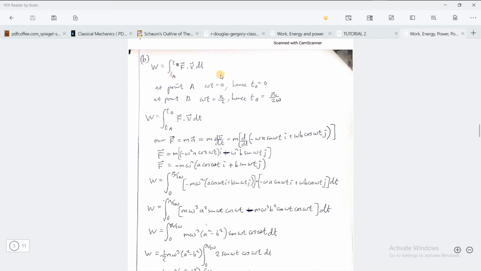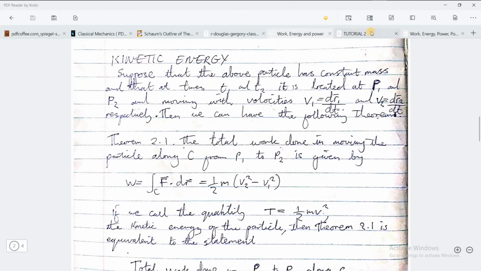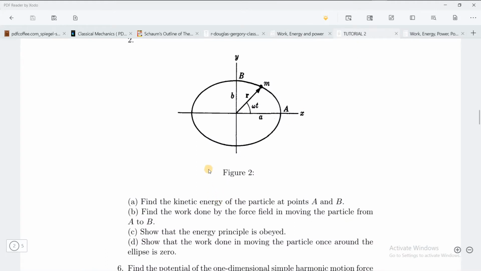Why we're using this formula is because of what we've been given. What we've been given only allows us to use the integral of F dot V dt. That's the only formula we can apply here. We can't apply the formula for the integral of F dot dr in this case. It won't work. You'll see why.